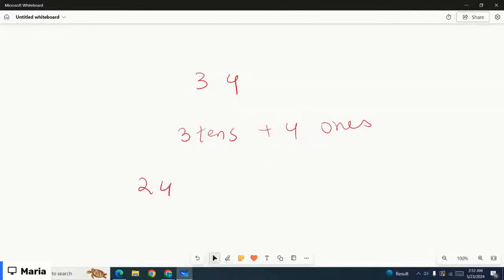The next one you have 24. How do you write 24 as tens and ones?